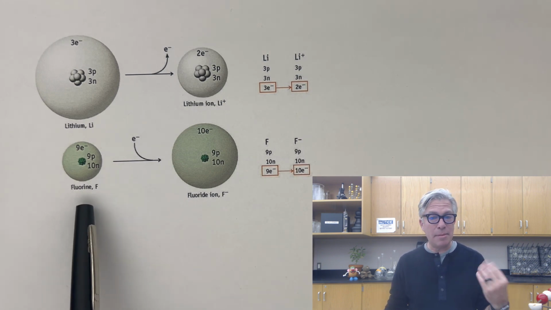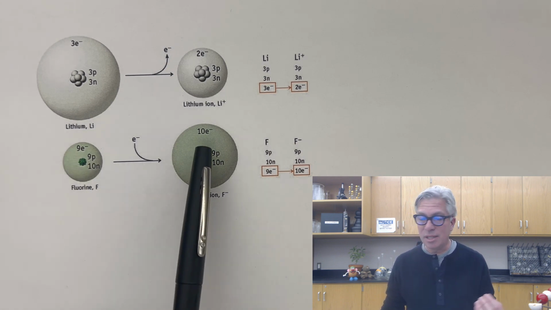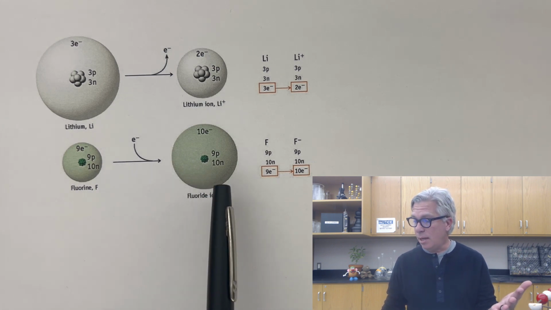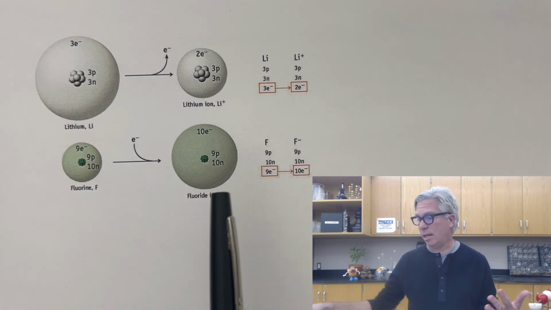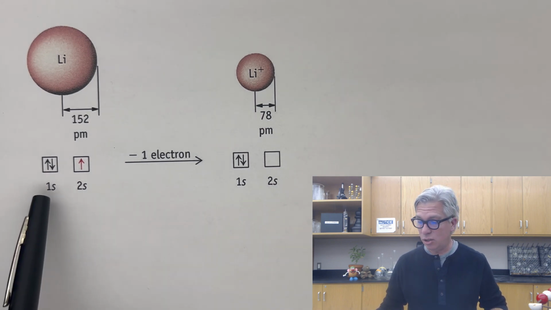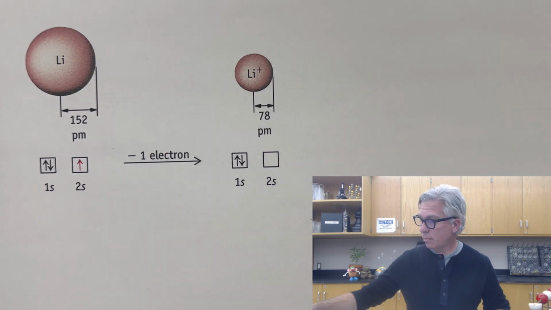Fluorine, on the other hand, is happy to take that electron and add it to the 9 that it already has. It ends up with 10, so it actually becomes isoelectronic with neon. And then you have a negative 1 charge because now it's got an extra electron. I've just got a couple of fun little review slides for you showing their electron configurations and how they change: 1s2 2s1, and then 1s2 is what we get with the positive charge.